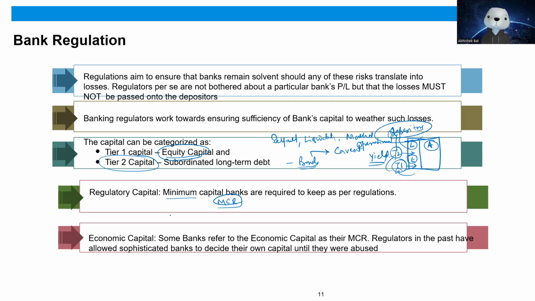Over a period of time, once these regulations were brought in, some of the banks negotiated and lobbied hard with the supervisory bank, that is the central bank of the country, as well as some core committee like that of Basel, that banks, large ones, sophisticated ones, banks that do have the technological prowess, be allowed to decide upon how much capital they need to keep aside in order to meet those potential losses that may actually manifest.